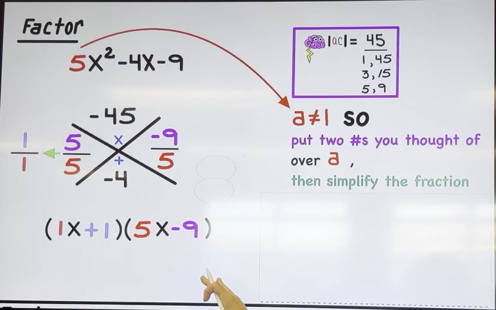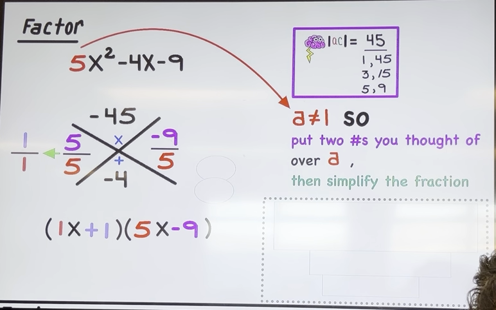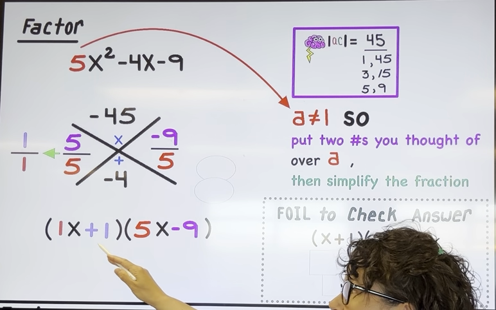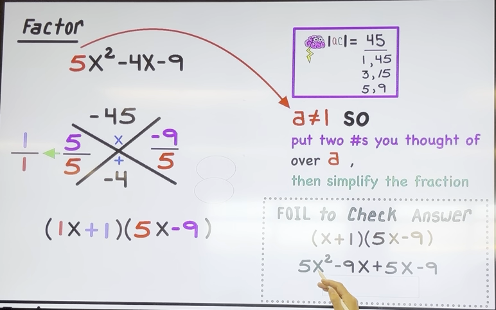So we are done with the problem, but if you want to just double check that you have it right, you can always take what we got as an answer, x + 1 times 5x - 9, and FOIL it back together. So x times 5x is 5x squared.